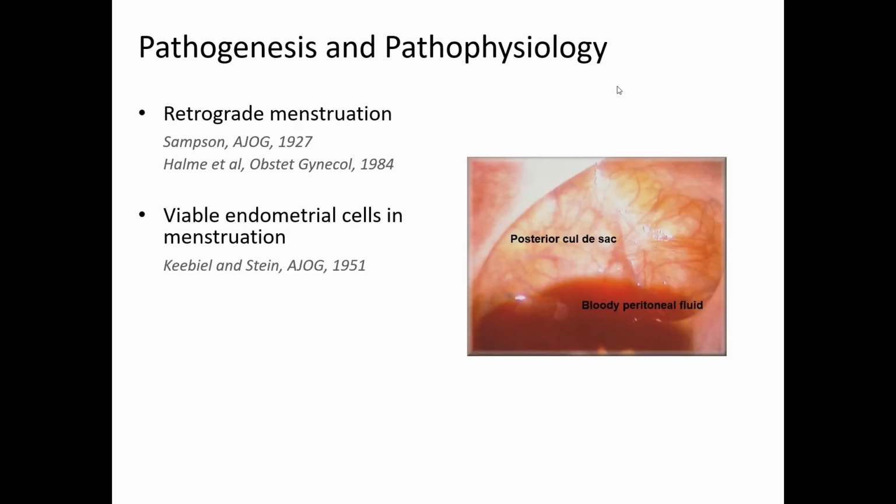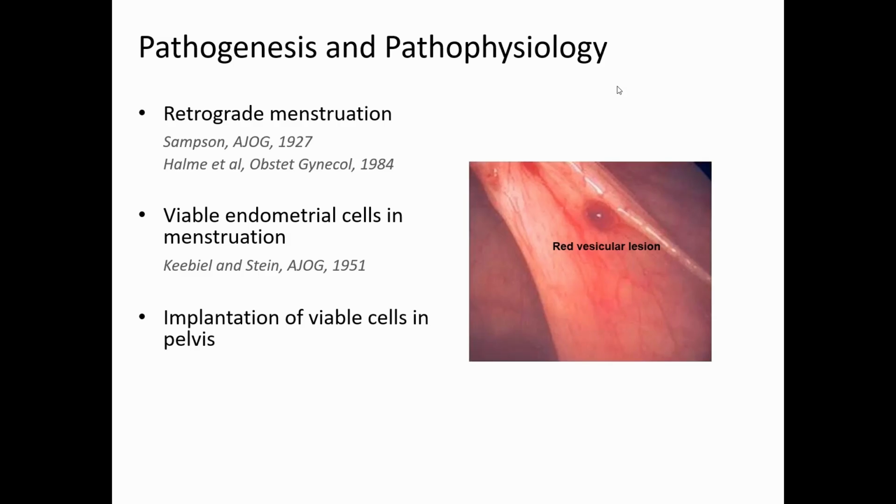These viable endometrial cells in menstruation then find a position in the pelvis to attach and implant. When they implant within the pelvis, they start off as a red vesicular lesion. We'll talk about lesional subtypes in a subsequent slide.